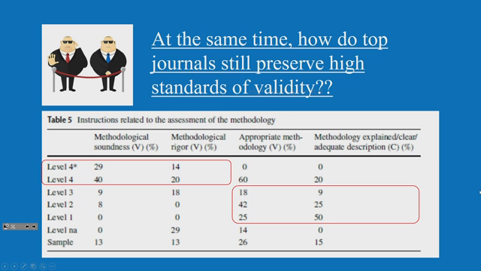Finally, we can use terms like methodology explained clear and adequate, which don't even refer to the validity of the methodology, but only to the quality of the communication. And we see that top journals use much more frequently terms which imply a much stricter definition of the methodology compared to lower-ranked outlets.